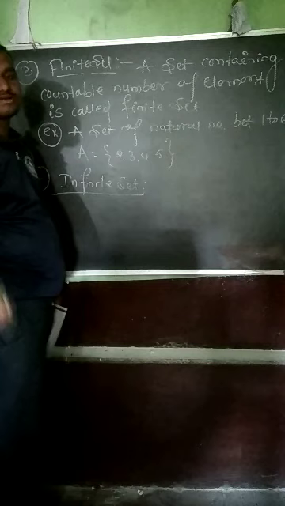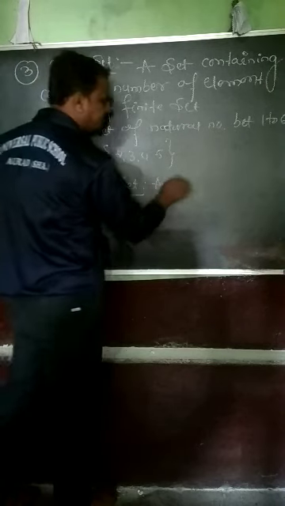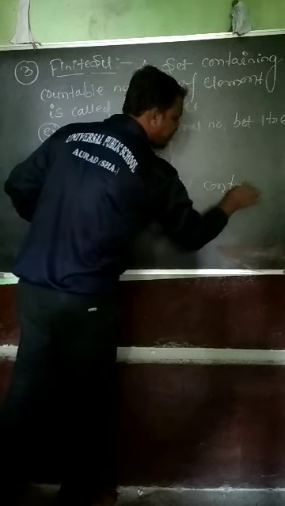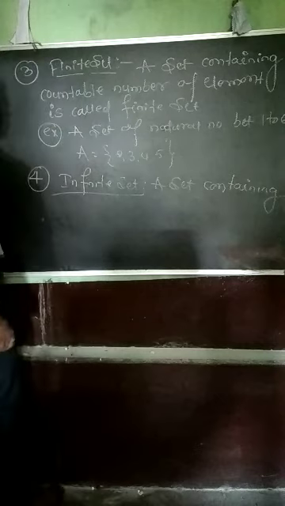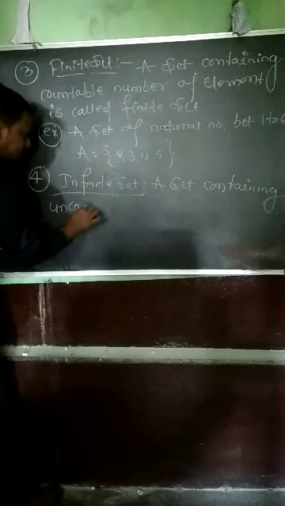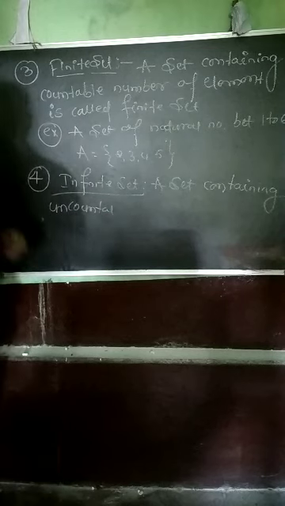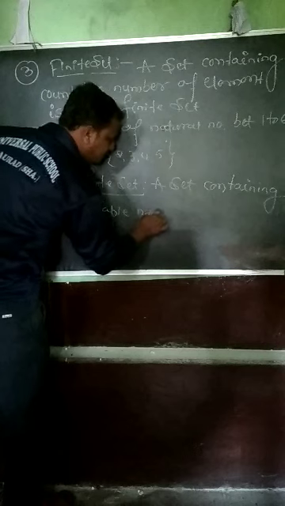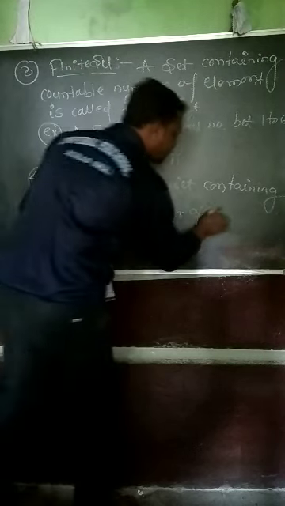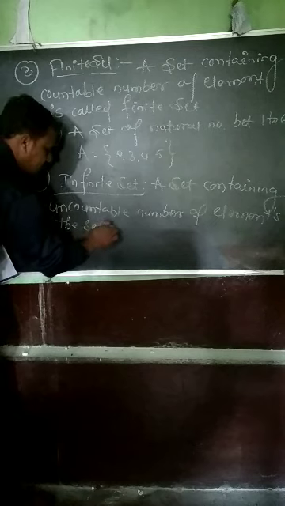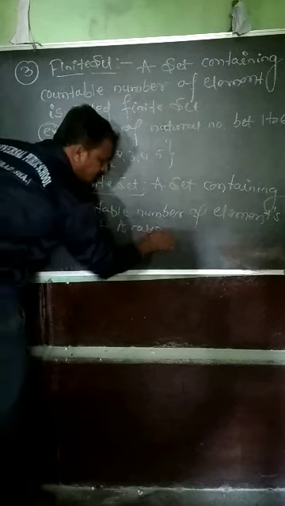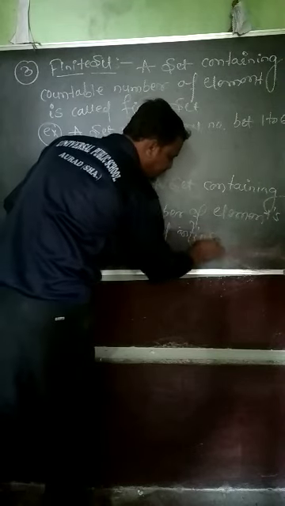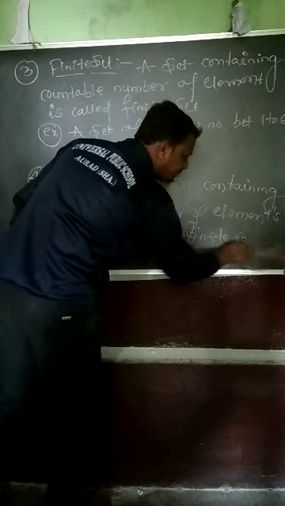A set containing an uncountable number of elements is called an infinite set. So write: a set containing an uncountable number of elements, then the set is called an infinite set.